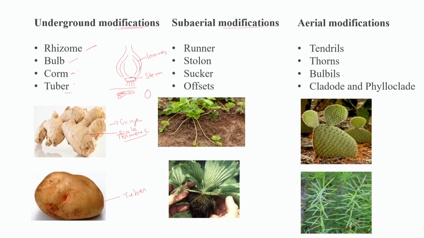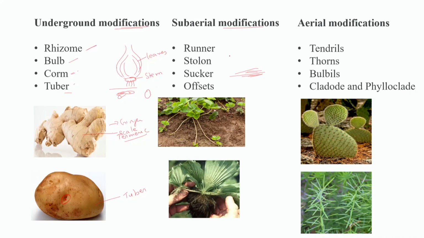Then we have subaerial modifications. Subaerial modification means that they are almost running on the ground, or slightly below ground, okay. See, you all would have seen grasses, okay, these grasses run almost parallel to the ground, and these grasses actually have stems.